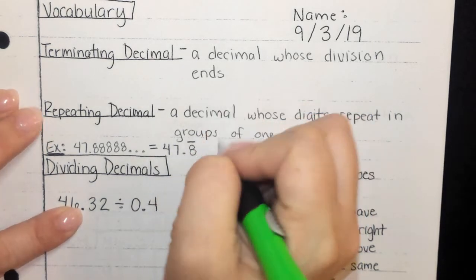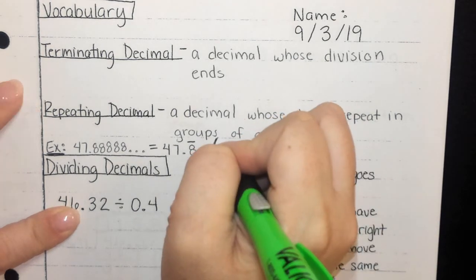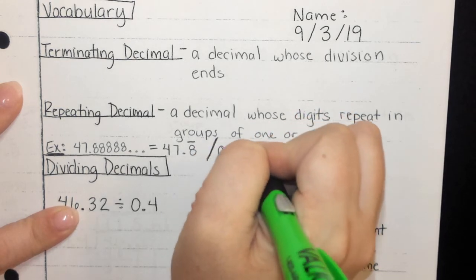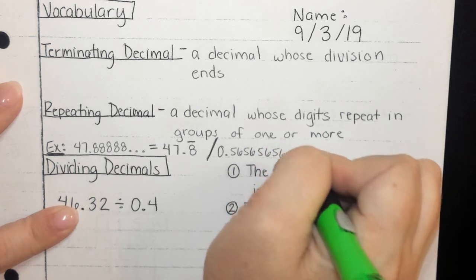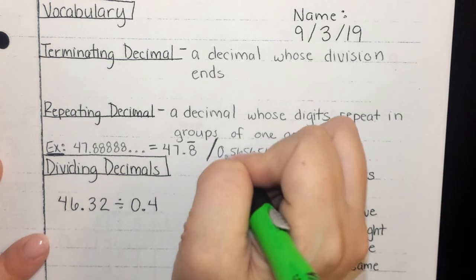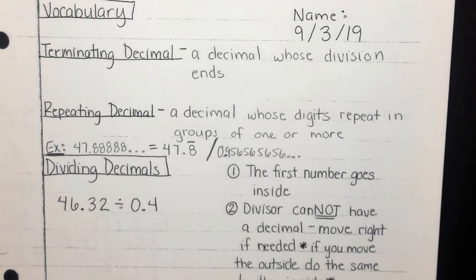All right, let's look at another example. I'm just going to put a line here separating them. 0.56565656 dot, dot, dot. All right, what's repeating here? The 56. So what am I going to put a bar over? The 56. What if this was 0.956?